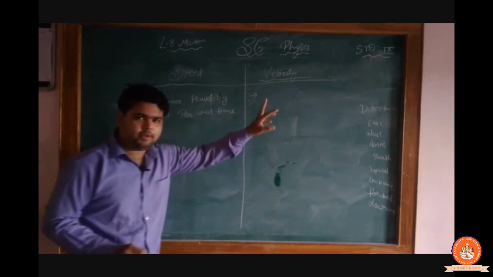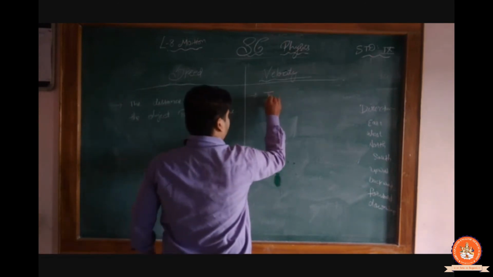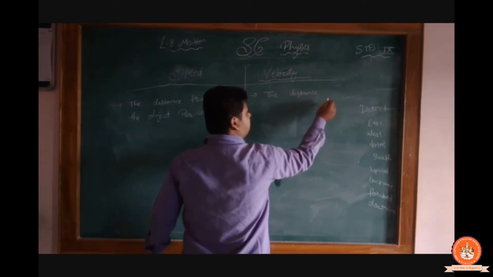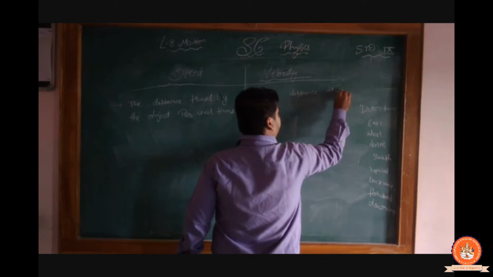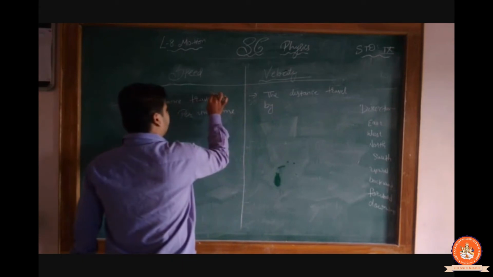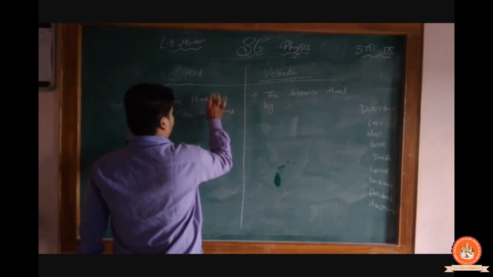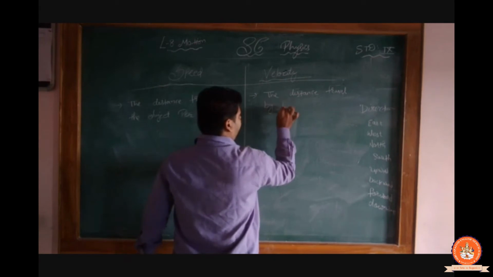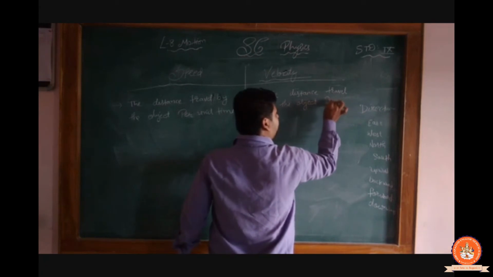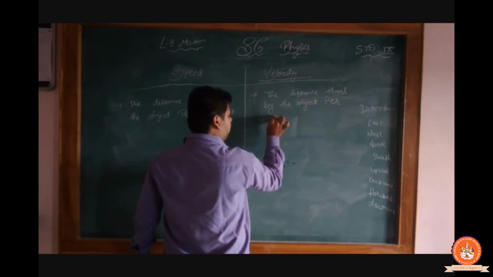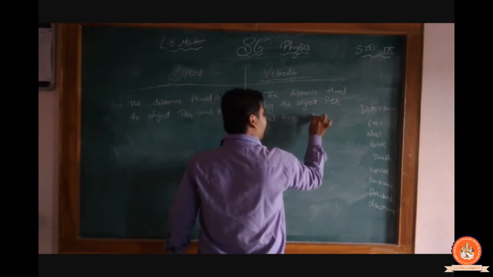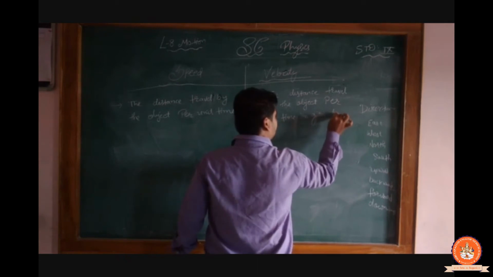And when we write the velocity, the distance traveled by the object per unit time in a given direction.